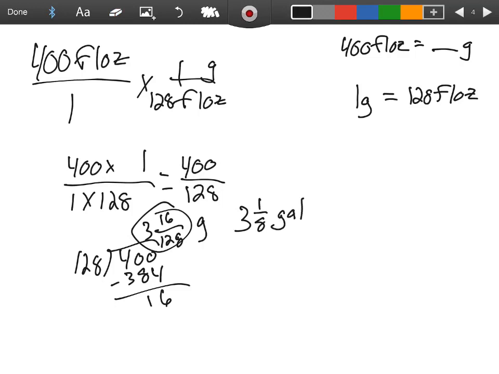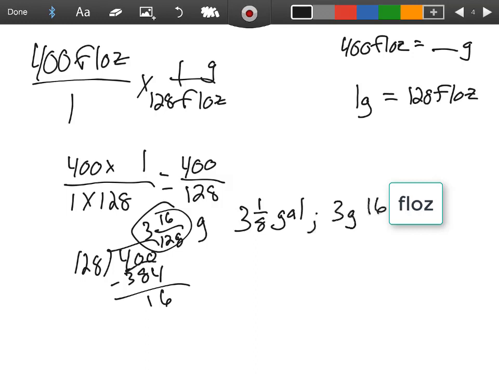Now, 3 and 1/8 gallons, or 3 with a remainder of 16, can be written a couple different ways because we have so many different units in capacity. So if we have 3 gallons and 16 left over, we could write it like this. Since we were dividing ounces, our answer could also be 3 gallons and 16 fluid ounces.